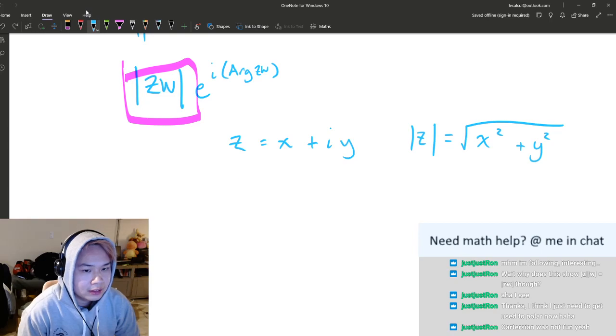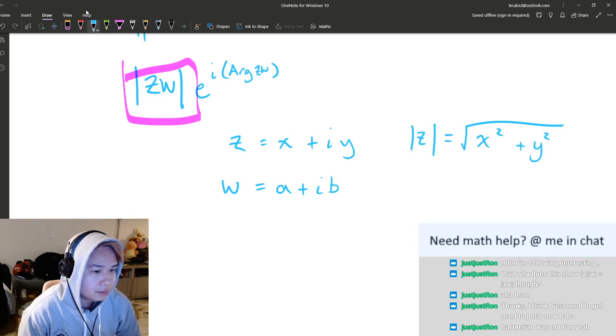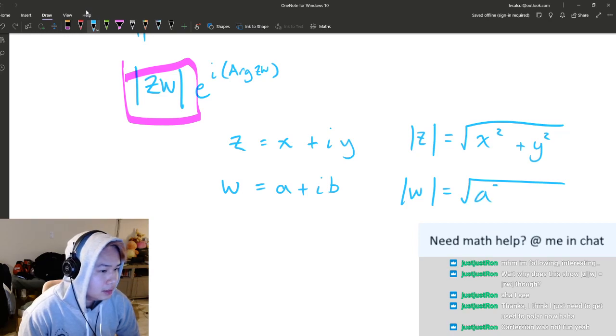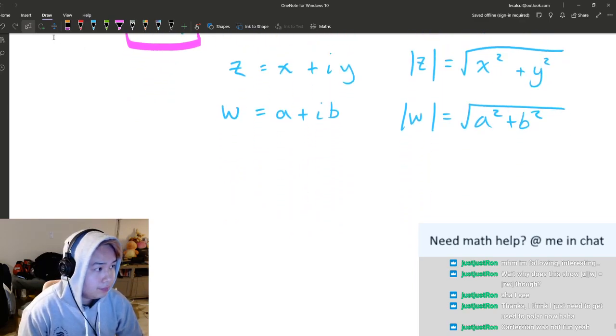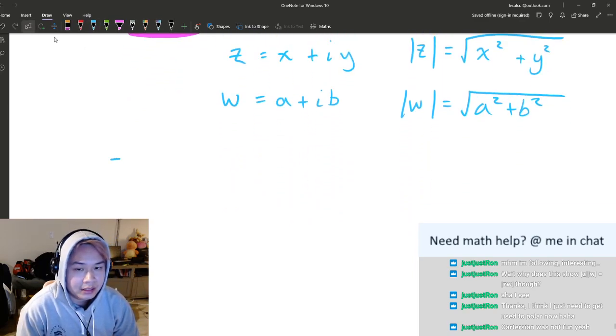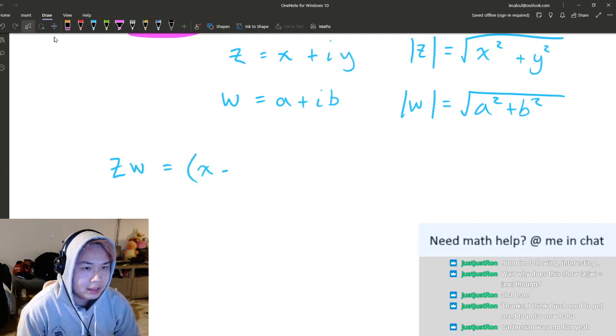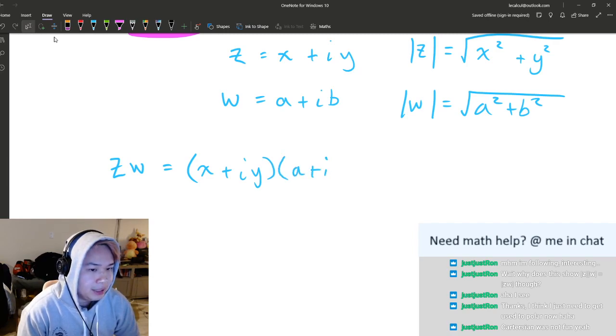It's fine. w, let's say, is a plus ib. So the magnitude of w is the square root of a squared plus b squared. Then z times w is going to be x plus iy times a plus ib.